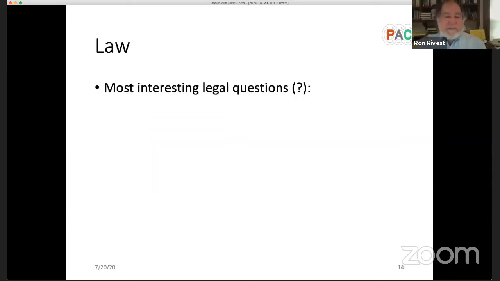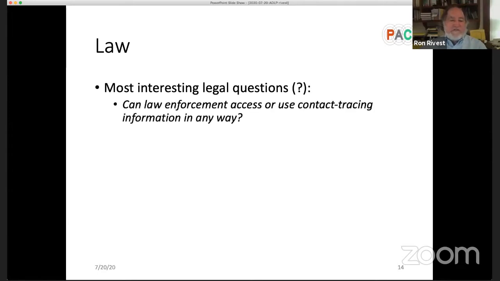So what are the legal questions? I'm not a lawyer, and I'm not sure what the best questions are, but to me, the interesting legal questions might be, to what extent could law enforcement access or use any of this contact tracing information? There's precedent for these kinds of questions in the manual contact tracing world. Medical information tends to be very much protected, and I'm not sure the legal questions actually differ that much once you've got digital contact tracing.